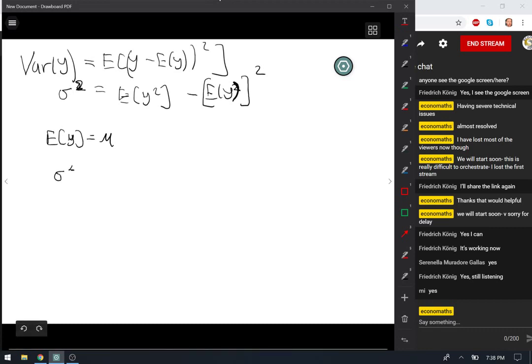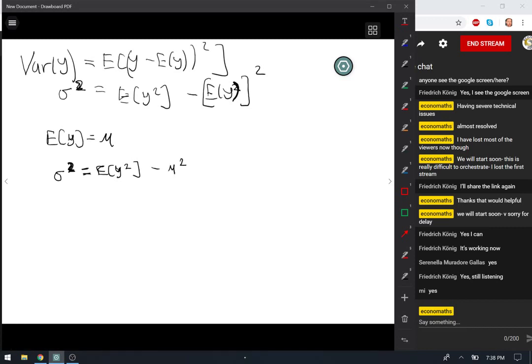Sigma squared, the thing we want to estimate, is equal to E of y squared minus mu squared. And we've also got a moment condition for mu: mu equals E of y.